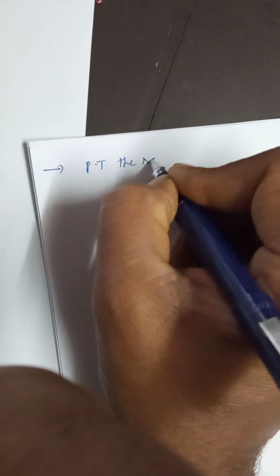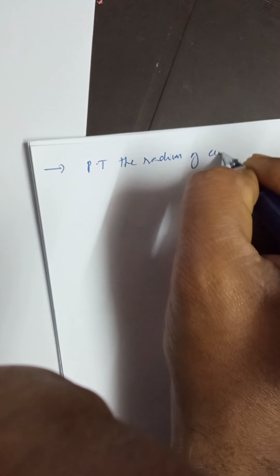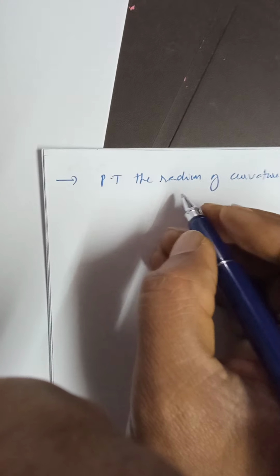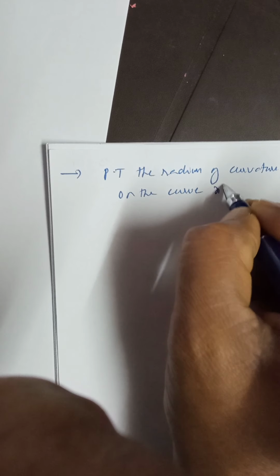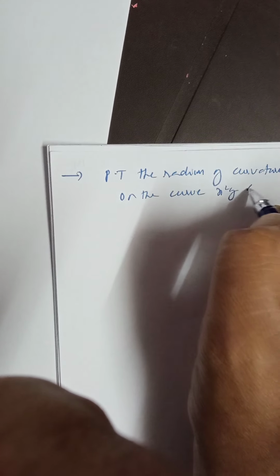Next problem. Prove that the radius of curvature at the point (-2a, 2a) on the curve x square y is equal to a into (x square plus y square) is -2a.